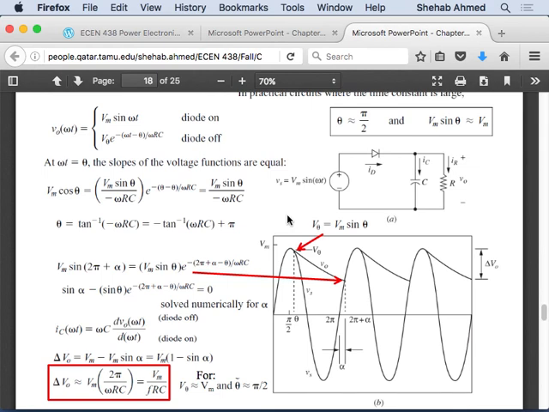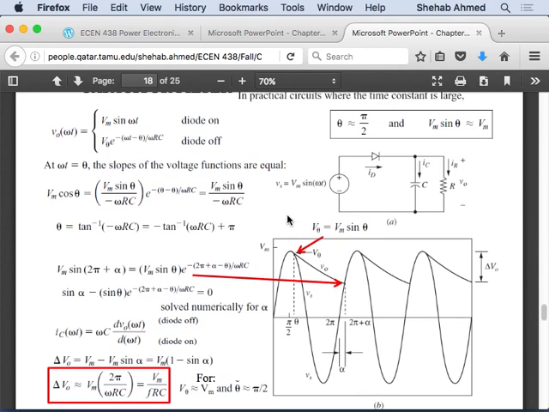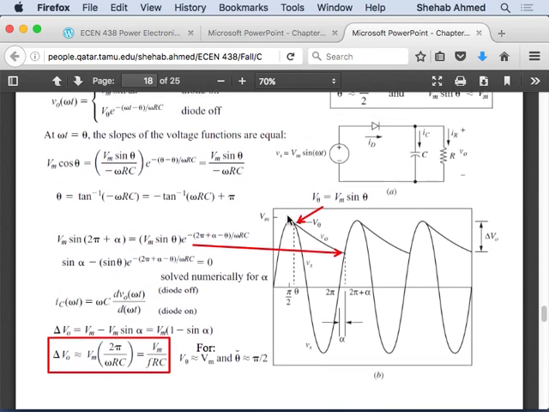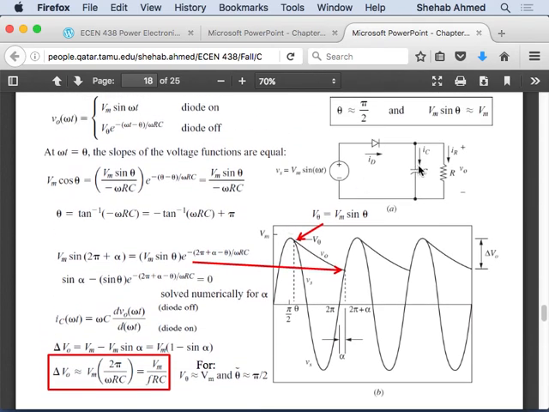In what? No, not in parallel. I'm serious. Because if it's in parallel, then it will not really affect the diode current. It will change the impedance, right?